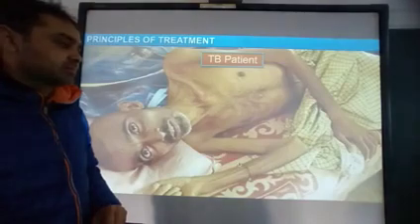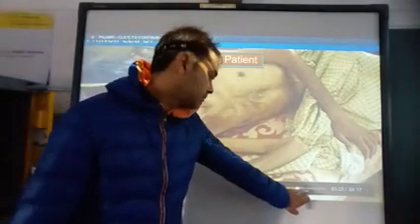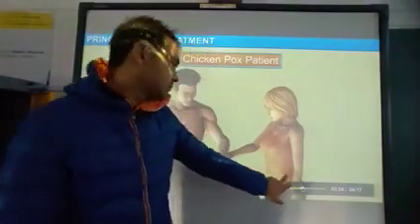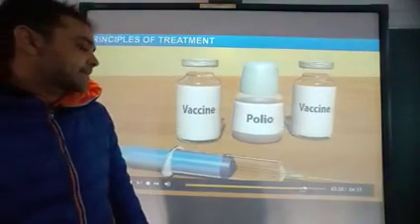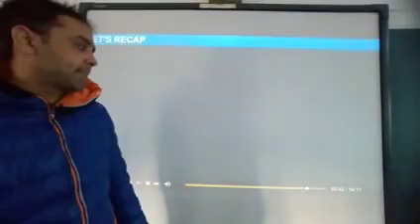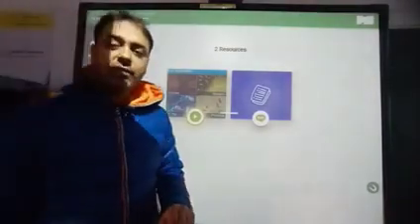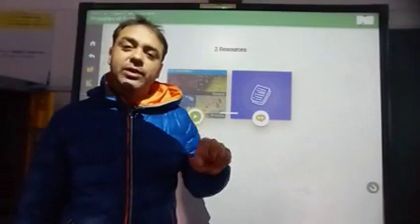Secondly, the treatment may take time to take effect, and the disease may spread to other people. This is why the prevention of diseases is better than the cure. So this is all about the preventive methods against a particular disease.